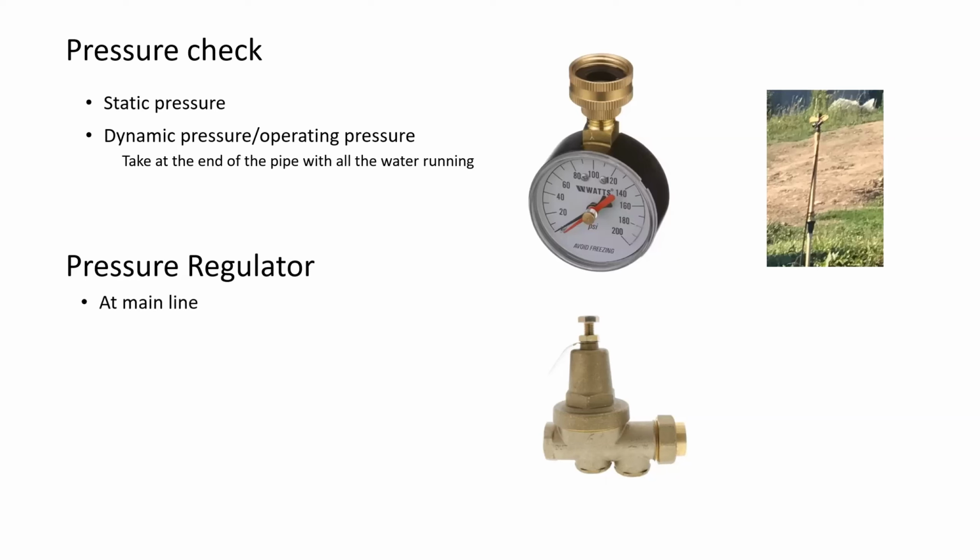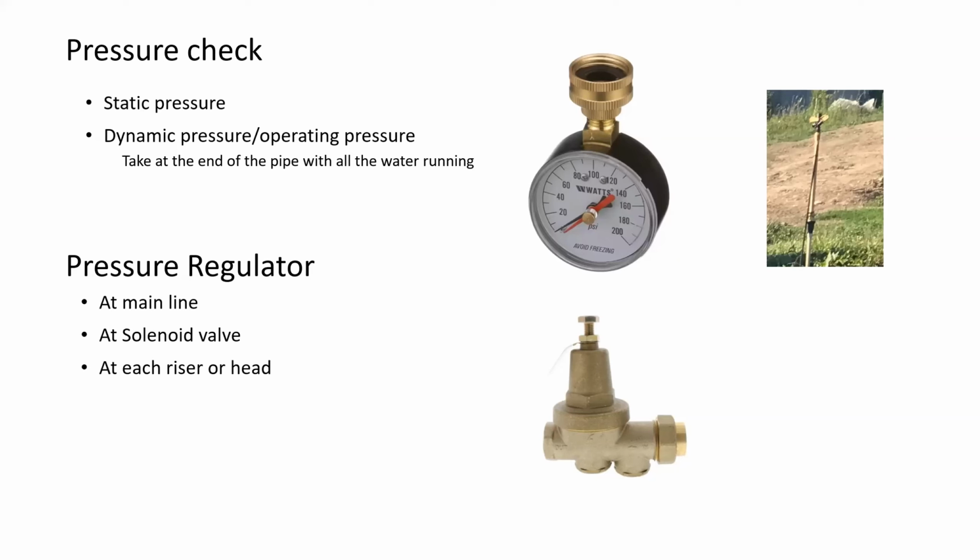It's always a good idea to install a pressure regulator at the main line. Also, sometimes we do tend to have a pressure regulator at a solenoid valve or in zones, if that's what you need, or if you have really high pressure in the pipes.